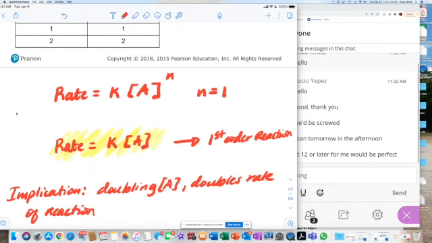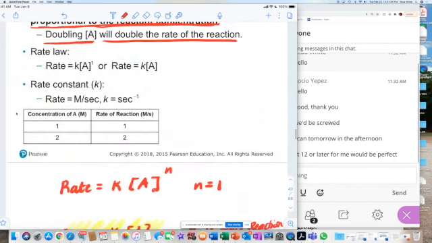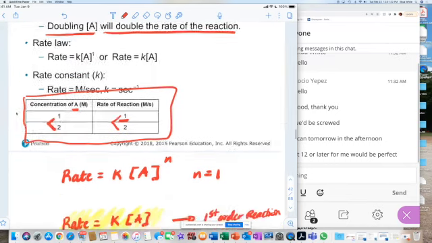Remember the other one, the implication, you did whatever to A and nothing happened to the rate. The rate remained the same, right? So here you can see in the little table, we have the implication. This is the one that's responding. You are changing A and then the rate is responding. So here, if we double the reactant concentration, the rate also doubles, right?